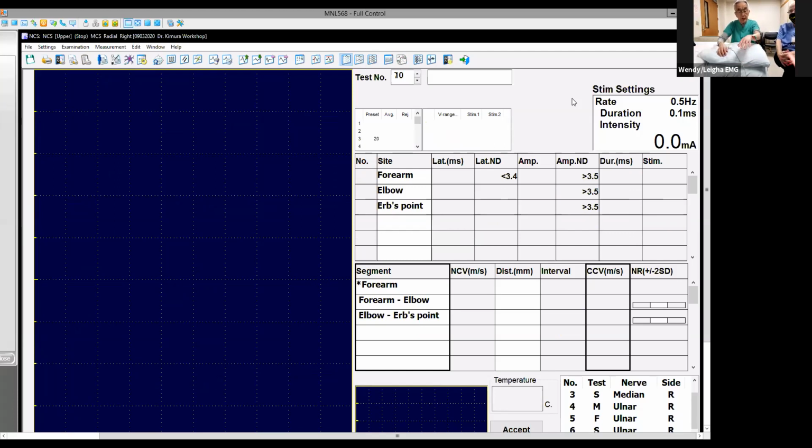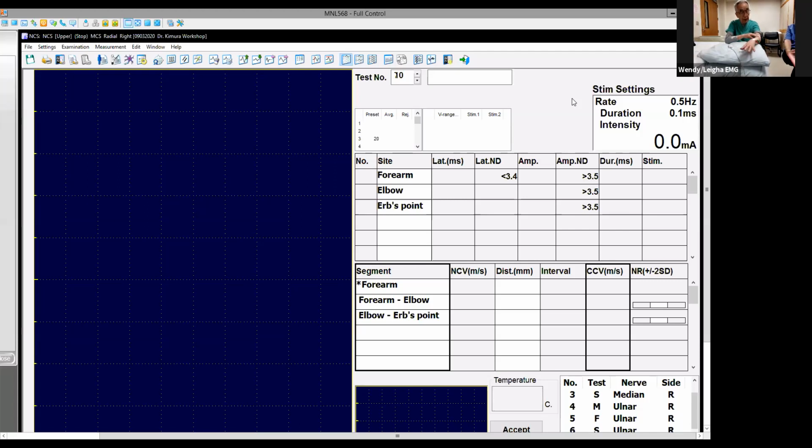Okay, now the next one is the radial. You remember I showed you the wrist drop? When you have a radial nerve palsy, you have a wrist drop. But if the posterior interosseous nerve is damaged, and that is often the case, as we discussed when you go to the bicep tendon area, then you have a wrist drop, but when you try to dorsiflex, the hand deviates radially.